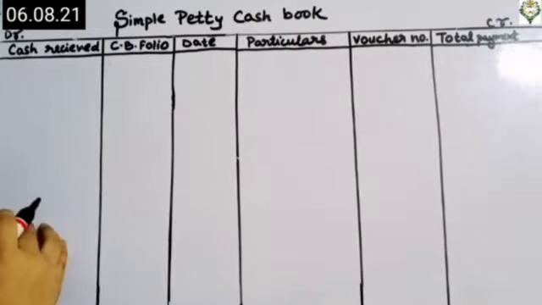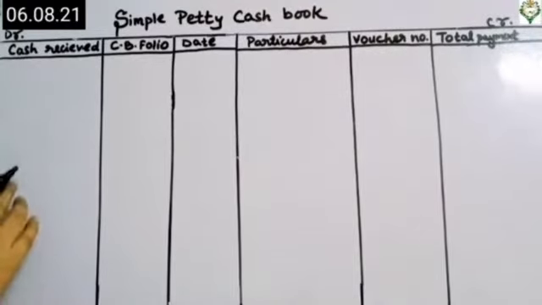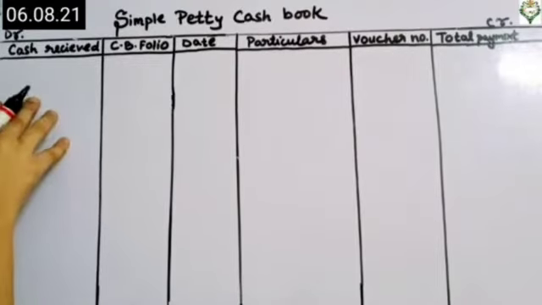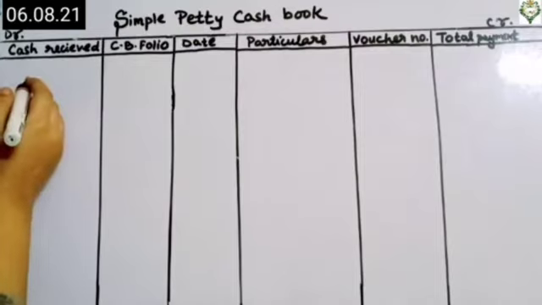The first transaction is on January 1st, received rupees 200 from the chief cashier for petty cash. So that is the cash that the petty cashier has received. Under the cash received column, we have to record that 200.